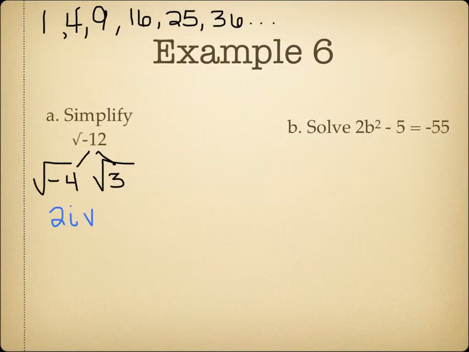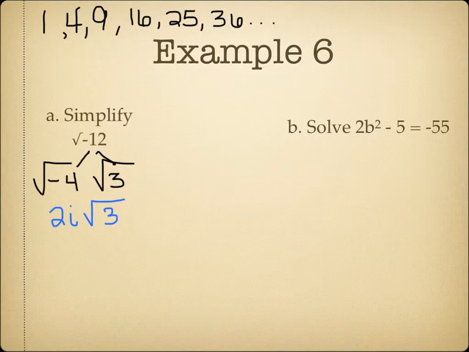And then the square root of 3, I'm just going to leave as square root of 3. So if it says simplify and it's not a perfect square, what you have to do is think about what perfect square number goes into that, separate it, and then take the square root of the number that you can take a square root of. We'll practice more with that on the homework.